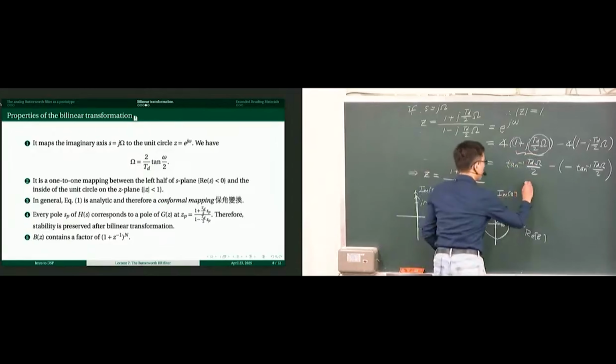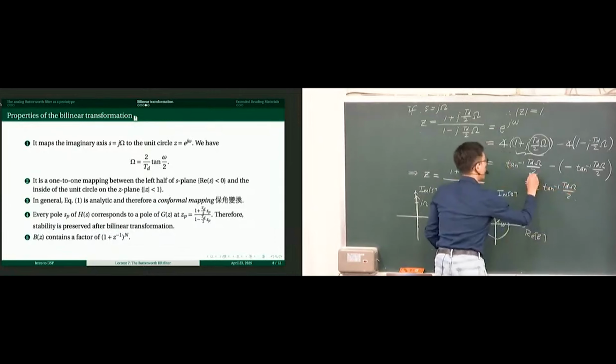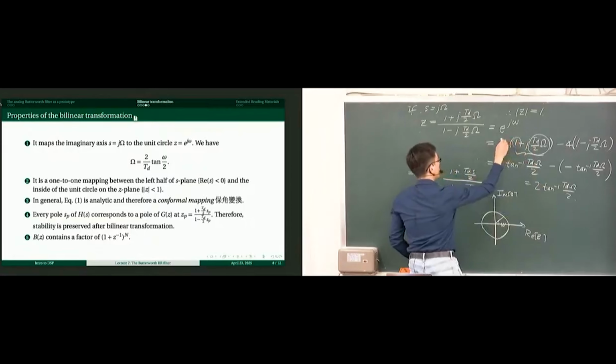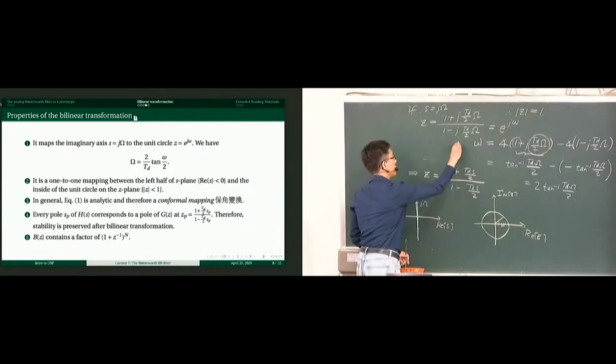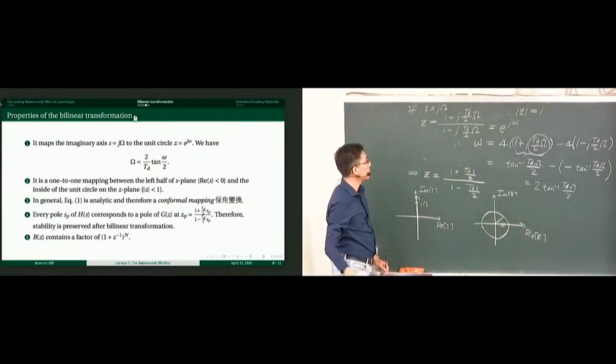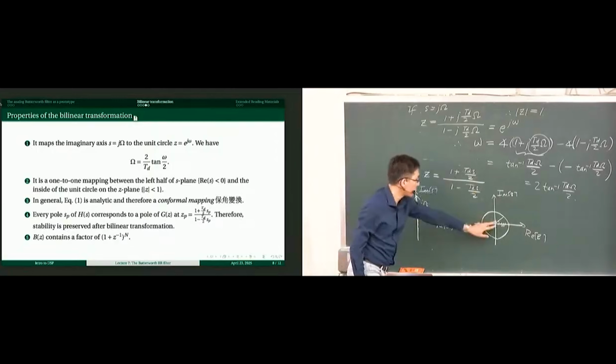So now, finally, you have a factor of 2. 2 arctangent T_d omega divided by 2 equals to what? Oh, equals to omega. Yeah. Omega being, where is this angle? Okay.